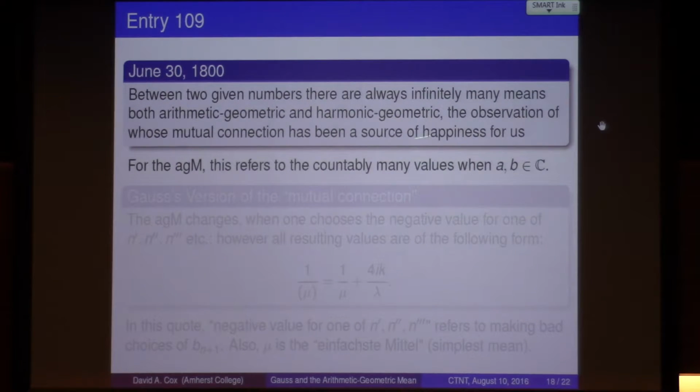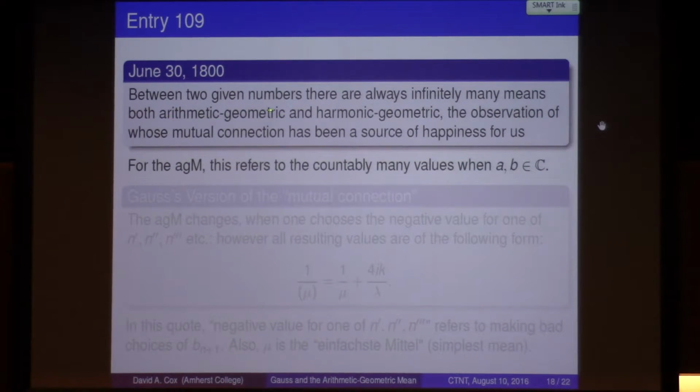But let me fast forward to a full year later. It says between two given numbers, there are always infinitely many means, both arithmetic geometric and harmonic geometric. Now this is something I haven't mentioned before, but the harmonic geometric mean is basically where you replace A and B with their reciprocals and do the same kind of thing.